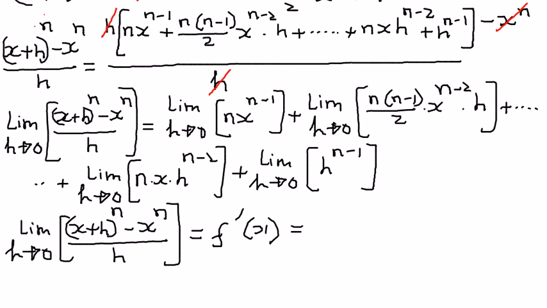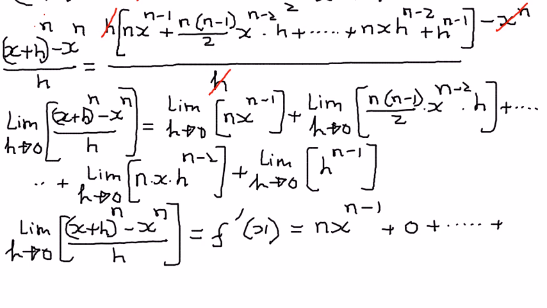the limit as h approaches 0 of n x to the power of n minus 1, which is n x to the power of n minus 1, plus limit as h approaches 0, n times n minus 1 divided by 2 times x raised to the power of n minus 2 times h. That goes to 0, and then we'll put a couple of dots there and then write the last two terms.